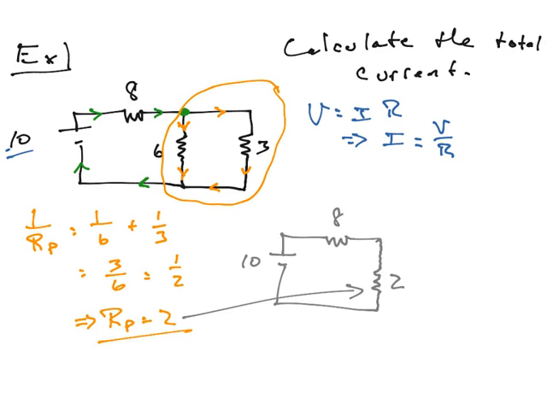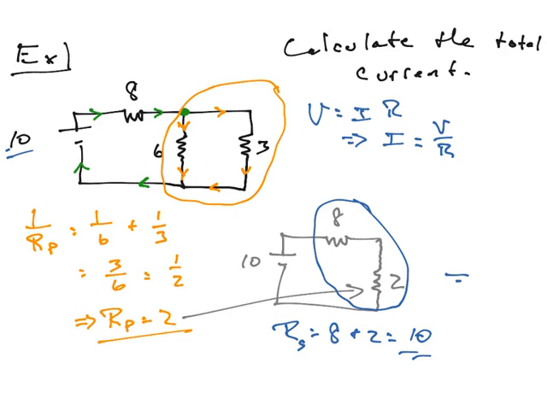And now this circuit is much easier to look at. I know directly what I have to do. The 8 and the 2 are series now. So I can combine the 8 and the 2 in series together and get 8 plus 2, which is 10. And now I know the total resistance, because if I make one more little equivalent circuit, I just combine the 8 and the 2 together to get 10.